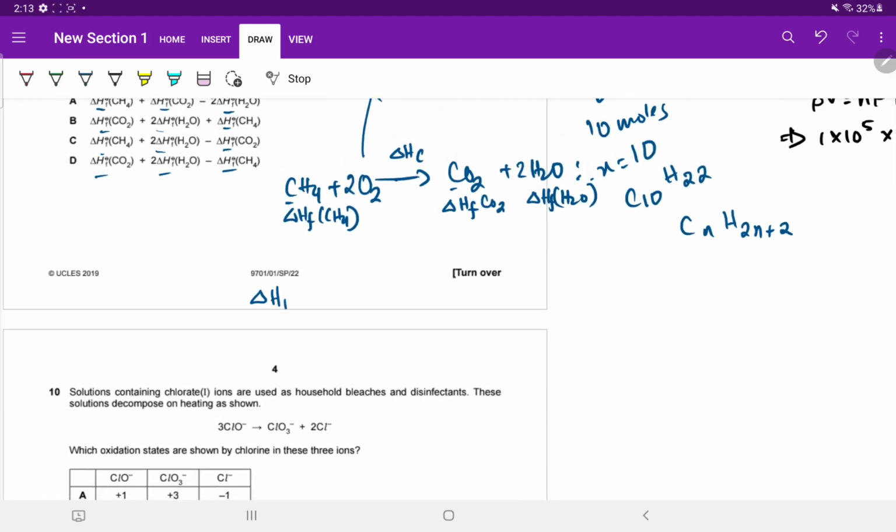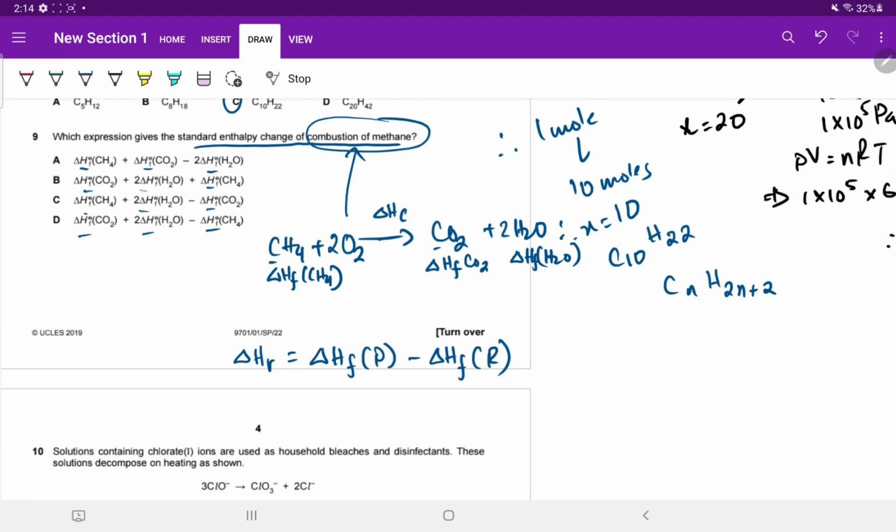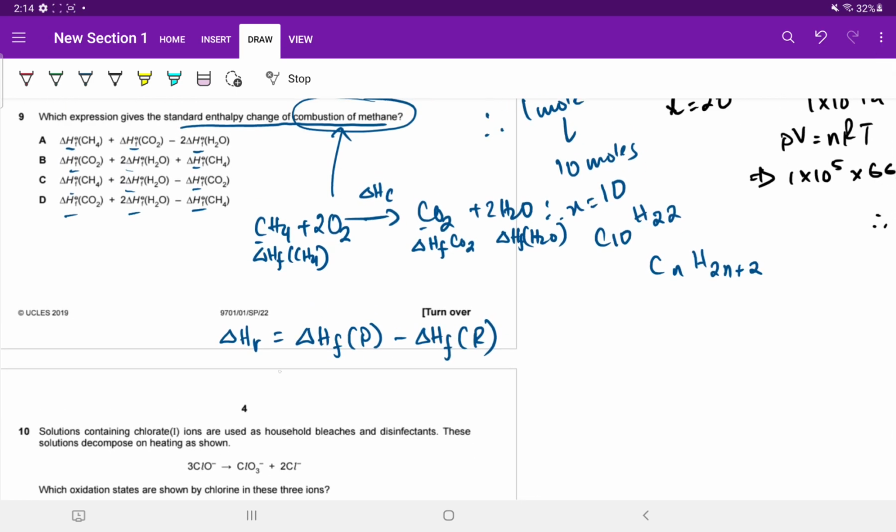So we know a very basic formula to apply to this kind of question which always works: enthalpy change of reaction is enthalpy change of formation of the products minus enthalpy change of formation of the reactants. Whenever you see these kind of questions, if you directly apply this formula, you will directly get the answers.